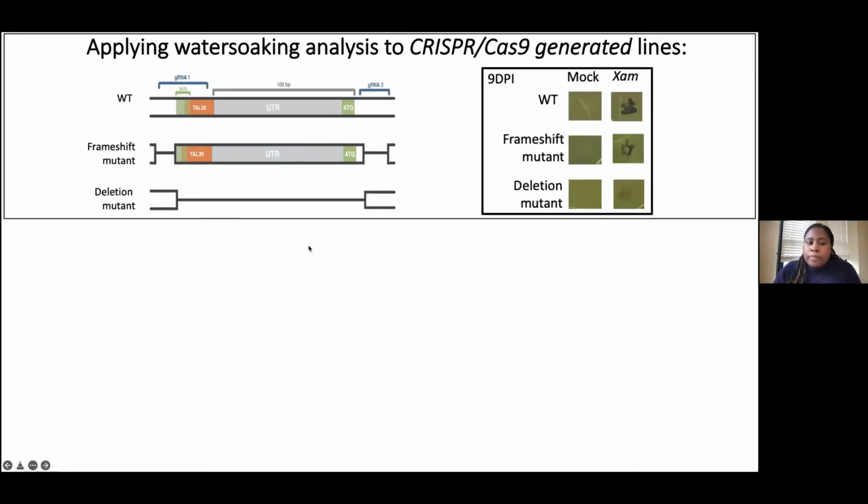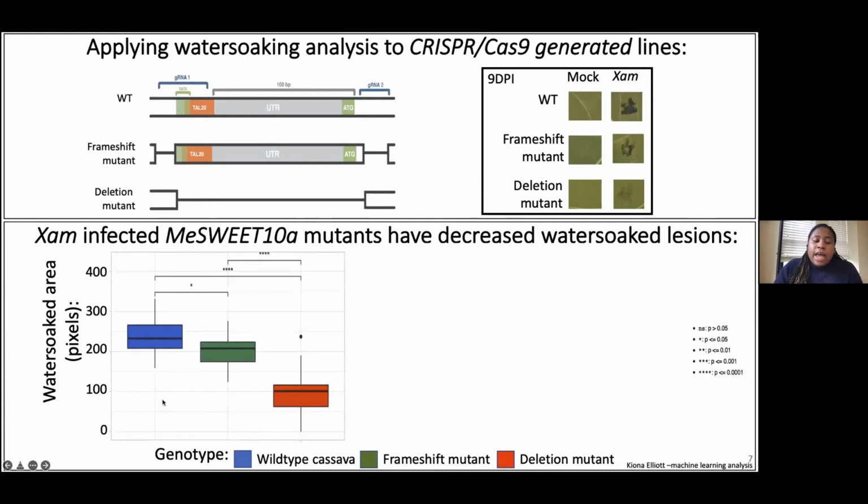And when we look at these plants after they've been inoculated, we see that they appear to have a smaller lesion and lighter color compared to wild type plants. So we applied the machine learning tool to this to quantify these differences that we're seeing by eye. And we can see that both of the mutants have a decreased water soaking area compared to wild type plants when infected with XAM.